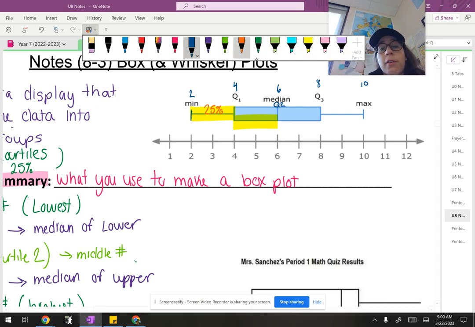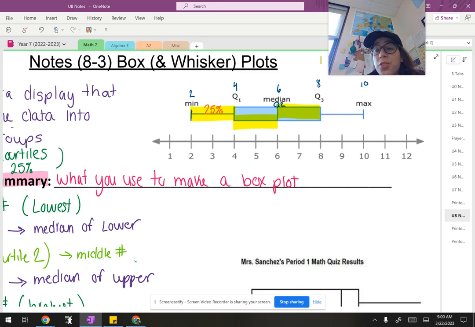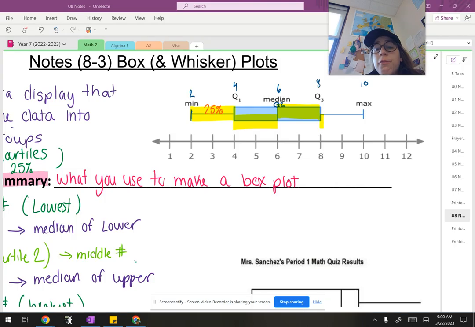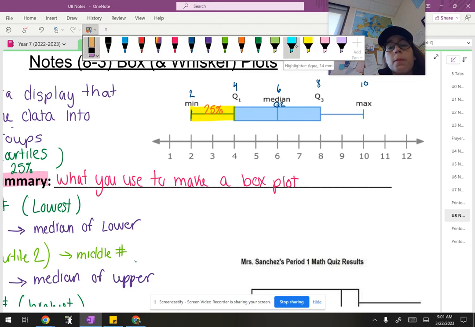That's another 25% of the data. From Q2 to Q3 is another 25%. And then from Q3 to the maximum is another 25%, making sense because the 4 25% get us the 100% of the data.